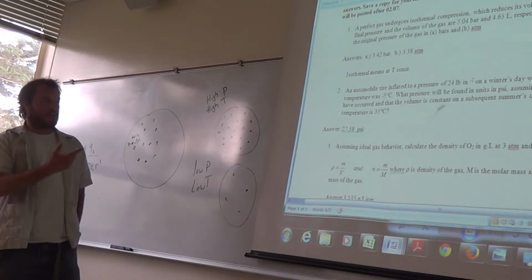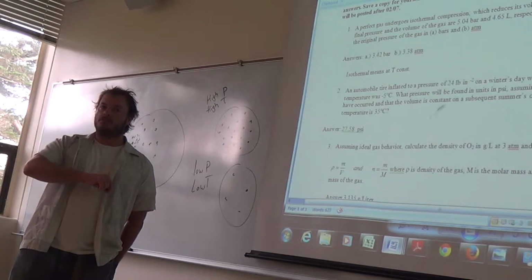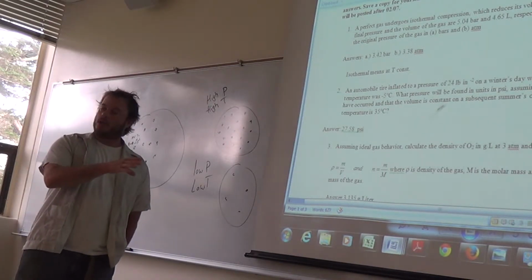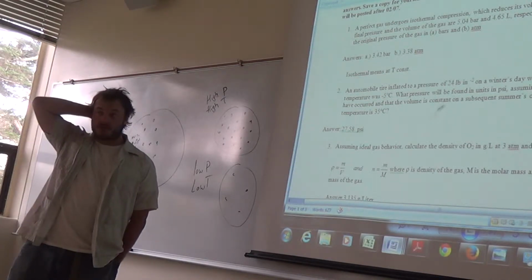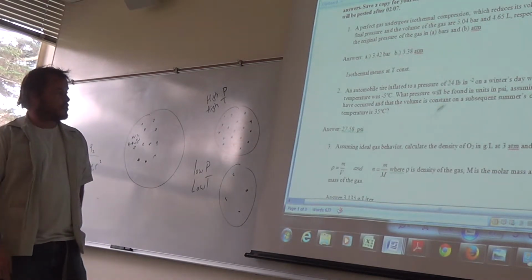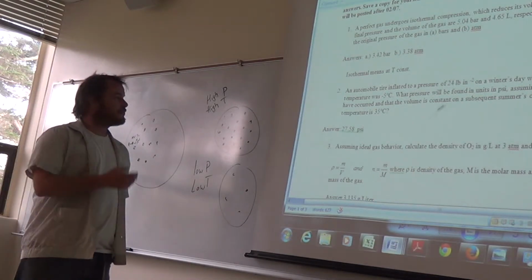So again, you take PV equals nRT and look at the initial and the final conditions, what has changed, what hasn't. In this case, volume is constant, so the volumes will come out of the equation. And so you just set the equations equal to each other and solve for the thing that you're missing. Not a difficult problem.